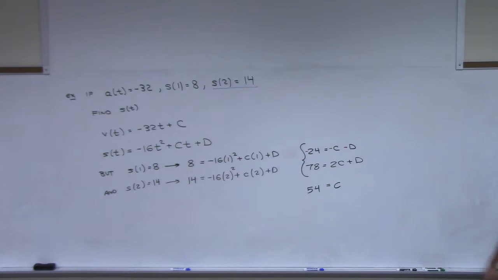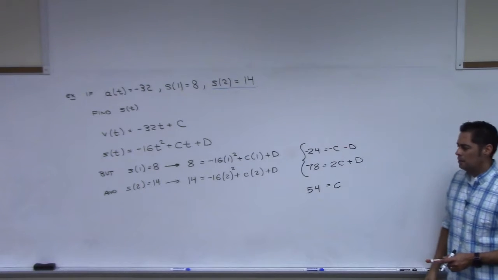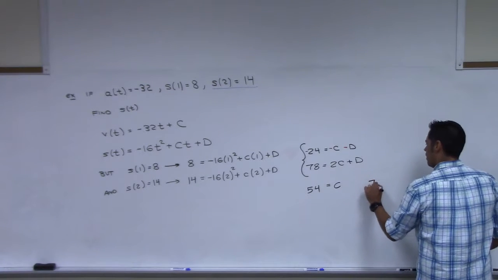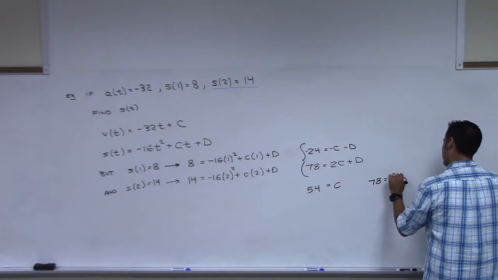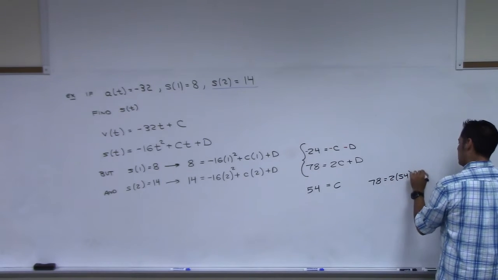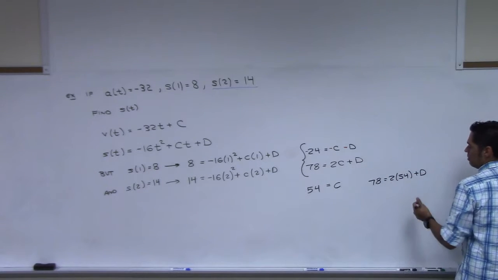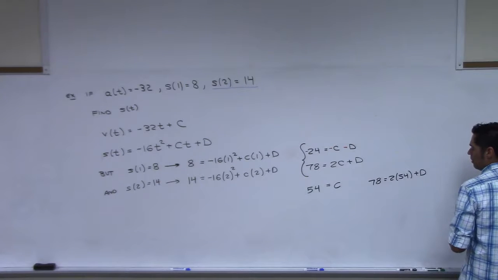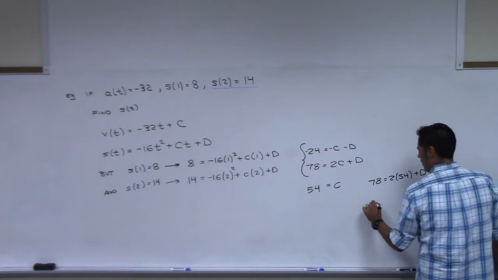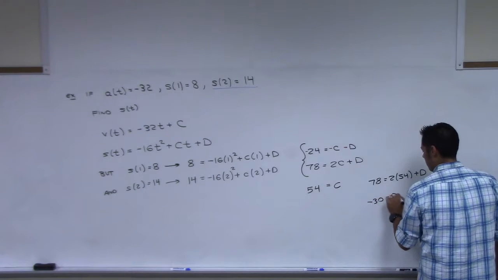D's cancel. And then once I know what C is, I can go back to either one of these and get D. So I'll do 78 equals 2 times 54 plus D. I could do that, although the math there is a little more, 108. So negative 30, I believe.